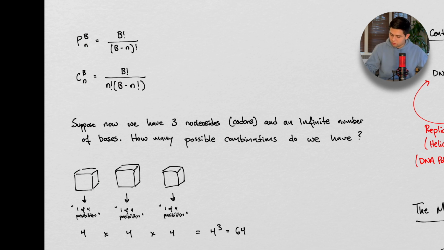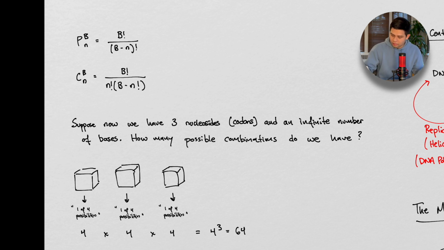And so these are the 2 equations that we've come up with, right? So B is bases, N is the nucleosides. Okay, so given some number of nucleosides and given some number of bases, what are all the degrees of permutations and combinations that we can have? That's given in these 2 equations.